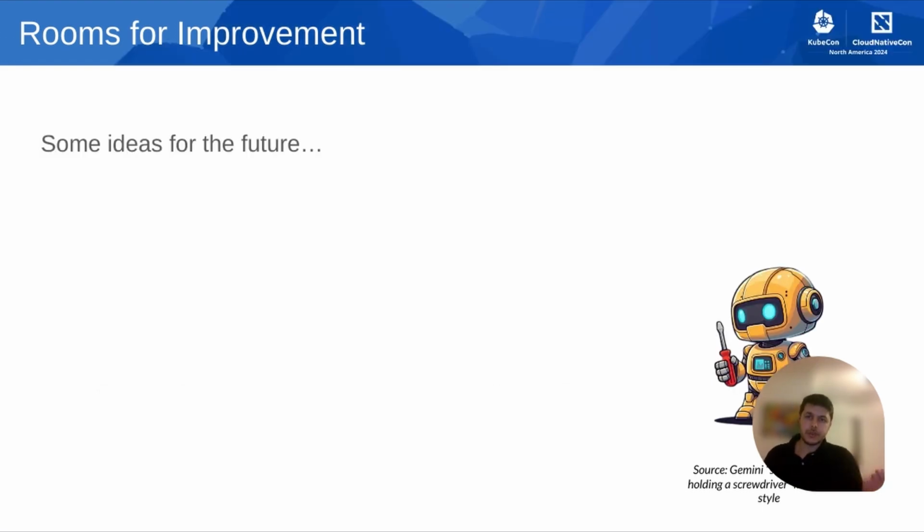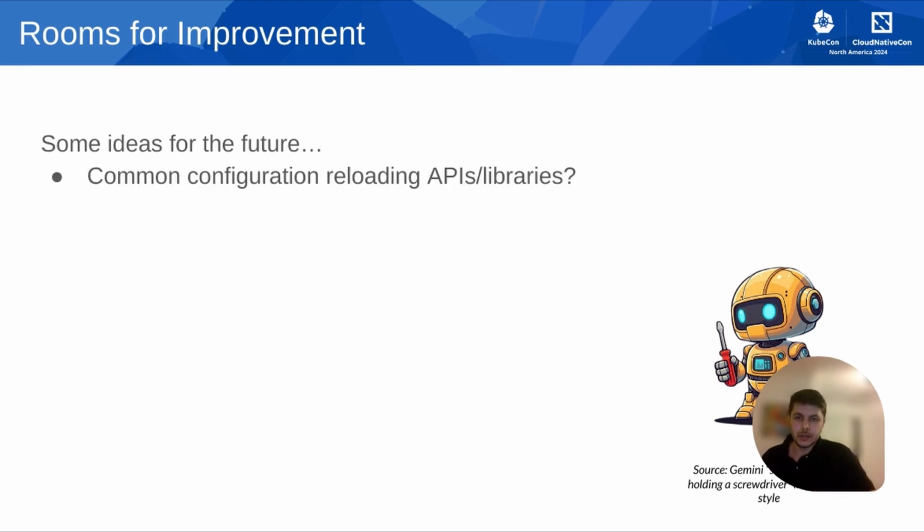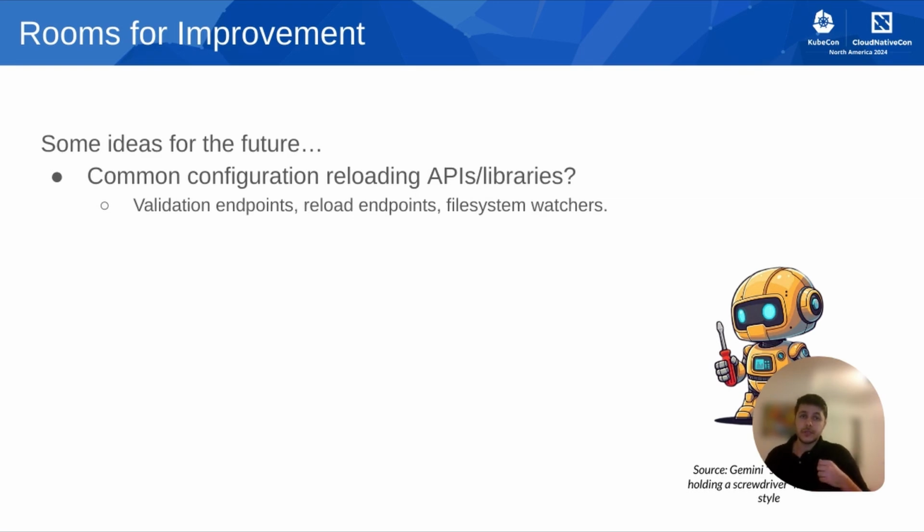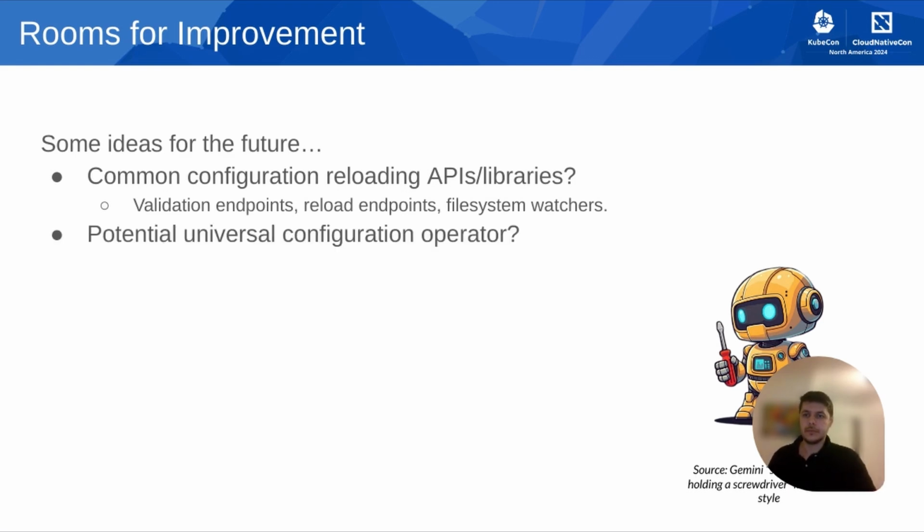Some ideas I had for the future and how we can improve this are maybe some common configuration reloading APIs. For example, Prometheus has a reload endpoint. We can maybe also add a validation endpoint. We can have common file system watching libraries to ensure that configurations are loaded dynamically.